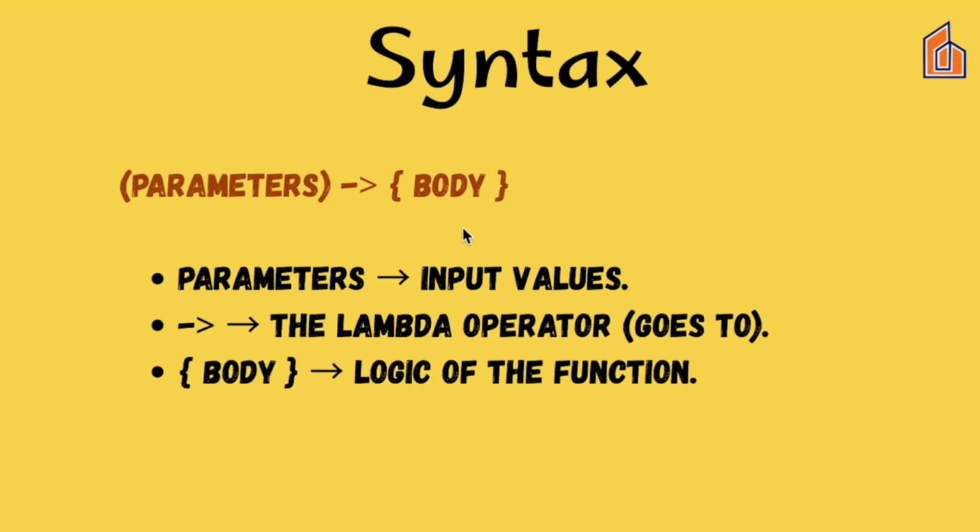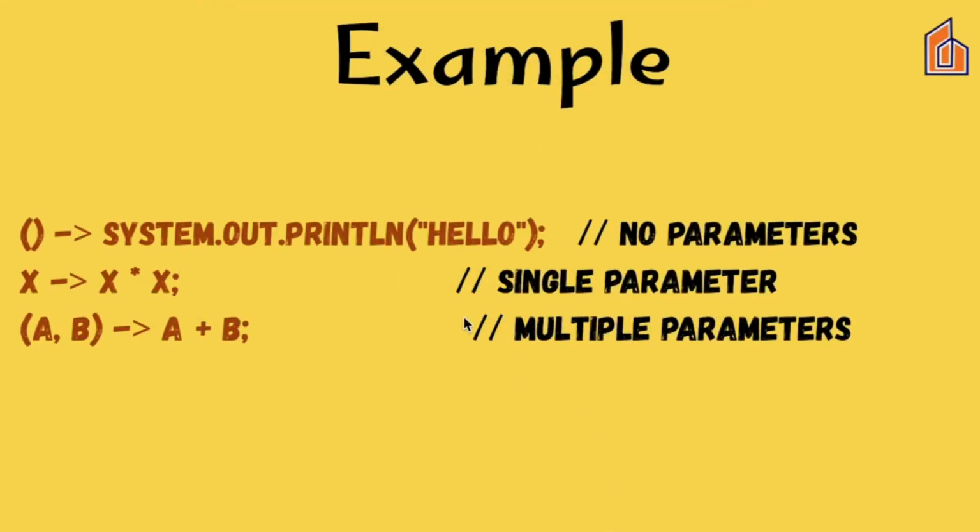Now let's see some examples. Here I have taken a few examples. The first one is empty parentheses goes to System.out.println("hello"). Here there are no parameters. The lambda just prints hello. Then we have x goes to x * x. Here we have only one parameter, that is x.